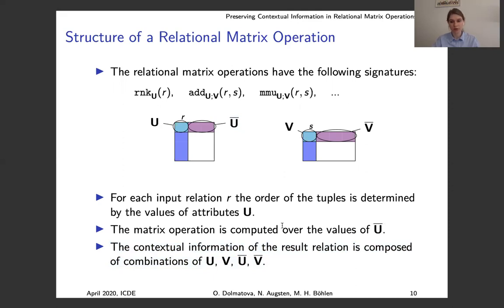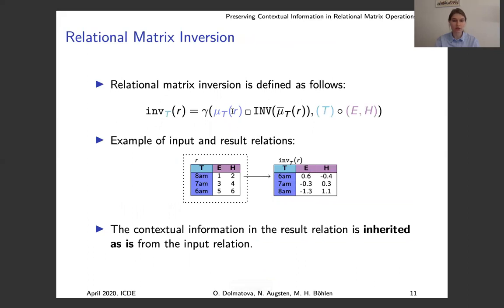So let's look at the concrete examples, and let's start with the relational matrix inversion. This is the formula for relational matrix inversion. It looks a bit scary, but it just defines how exactly the result relation of relational matrix inversion is composed.